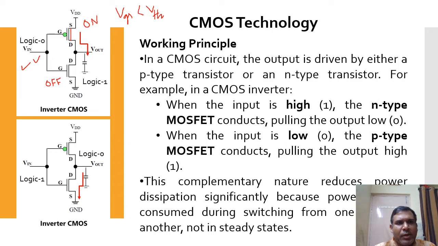Due to the presence of the inversion layer, this device acts as an on-state device. Under this condition, when the gate to source voltage is less than the threshold voltage, it is equivalent to logic 0 voltage. So when we apply logic 0 voltage at both of the gate terminals, what will happen?